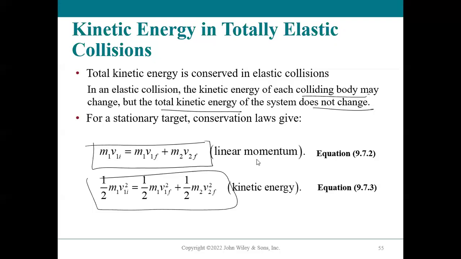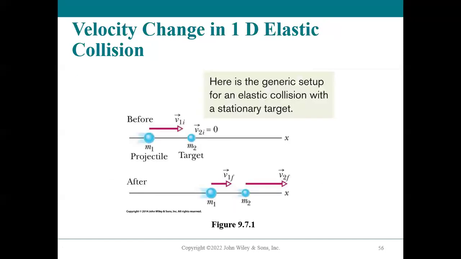So for kinetic energy in a totally elastic collision, take an example like this one. Particle 1 has velocity v1i, and particle 2, the target, has velocity equal to 0. It means that particle 2 is at rest. After the collision, particle 1 becomes v1 final, and particle 2 becomes v2 final.